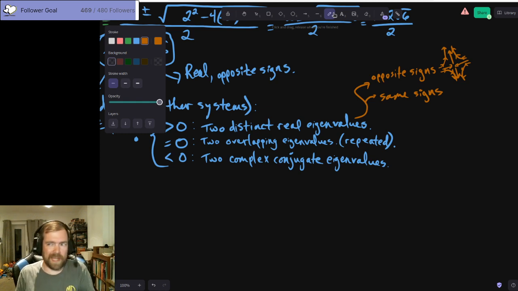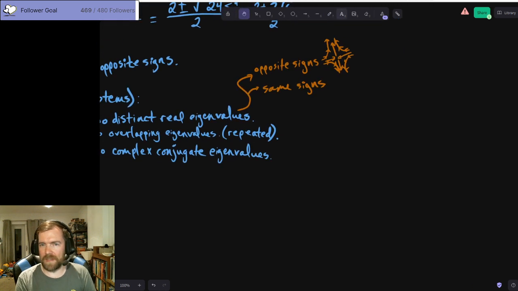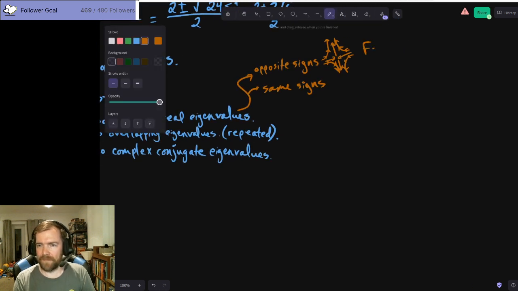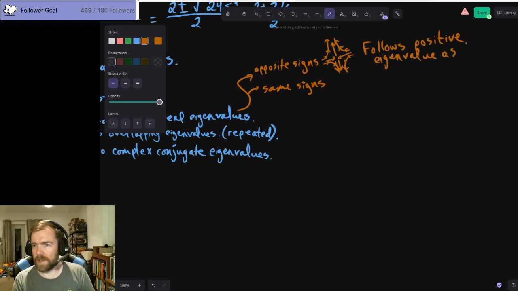If they're both negative, we have some interesting interplay, and we can talk about that some other time. So when you have opposite signs, you end up following the positive eigenvalue as t goes to positive infinity. Should probably stress that.